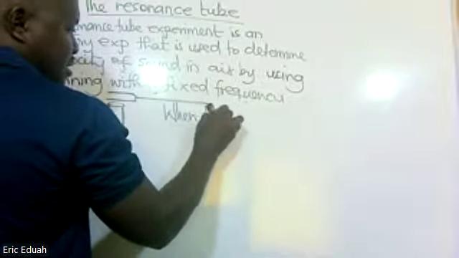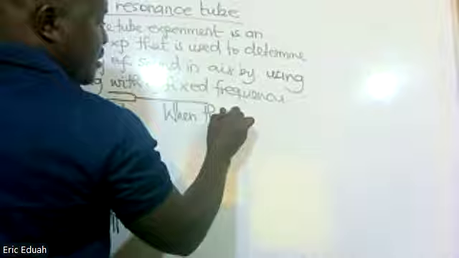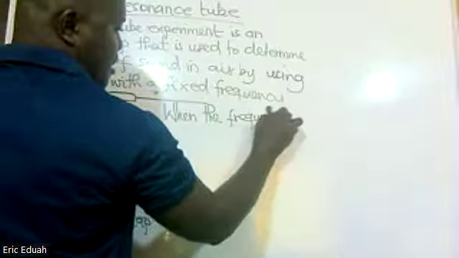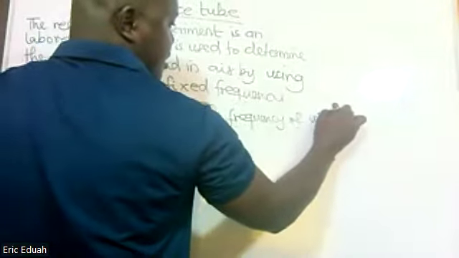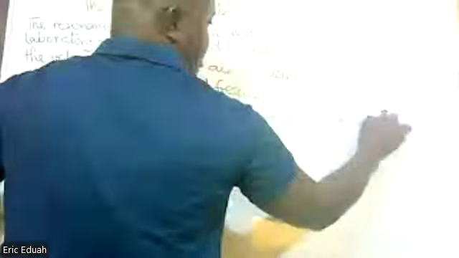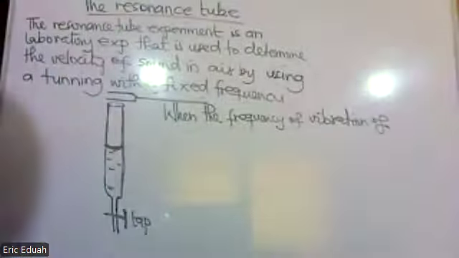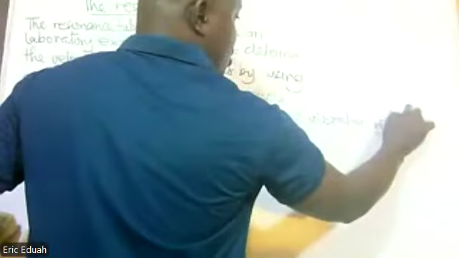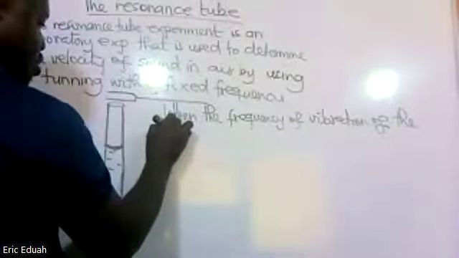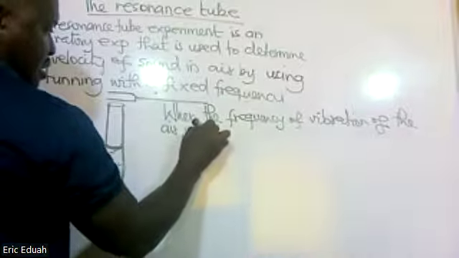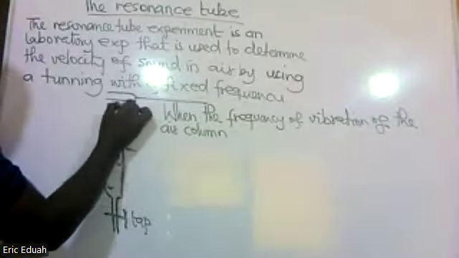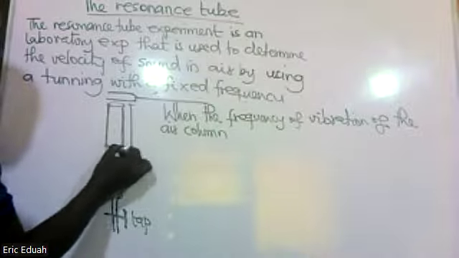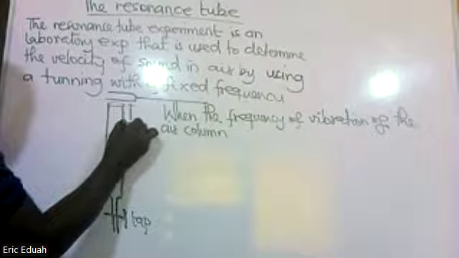When the frequency of vibration of the air column, and by air column I mean this length of air. I said the water surface serves as the closed end, so this becomes the length of the air.